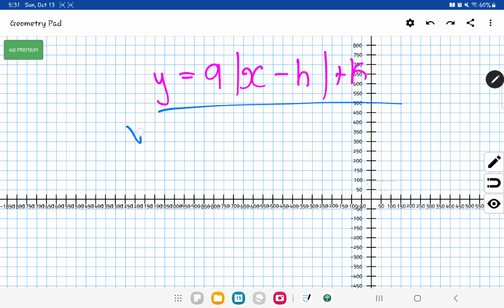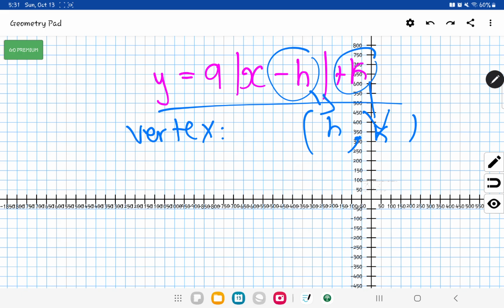If you want to find the vertex, you take the minus h, take the opposite number of it, h. Then you keep the k the same as it is. You don't take the opposite number, you just take the k. And like that, you found the vertex, your x and your y. So your vertex is going to be (h, k).